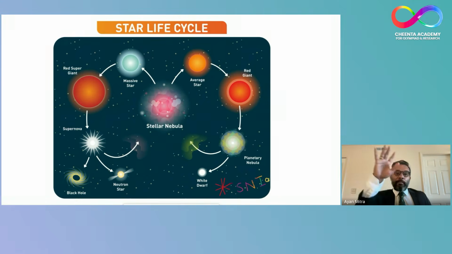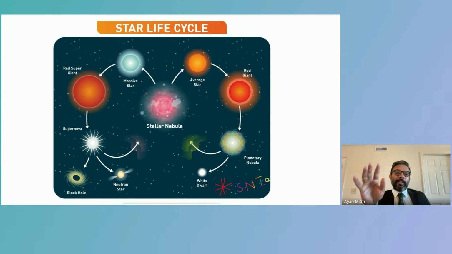It's part of the life cycle of a star. Every star can go one of two ways: become a massive red supergiant, or, for a few of them, become an average red giant, typically average stars like our sun.